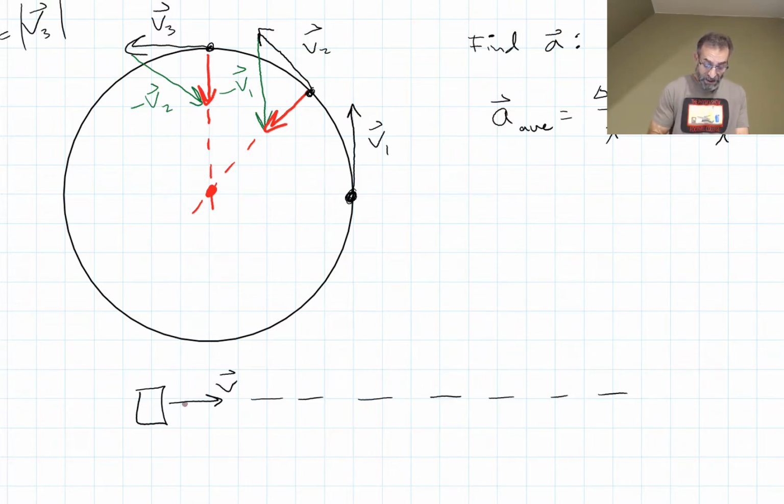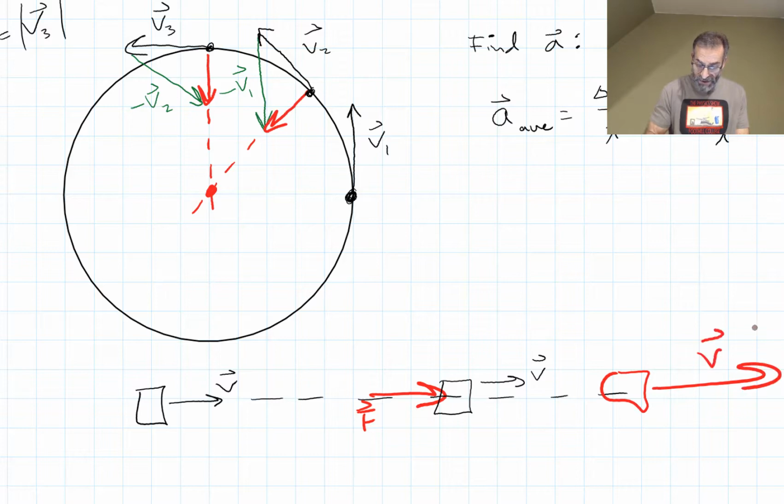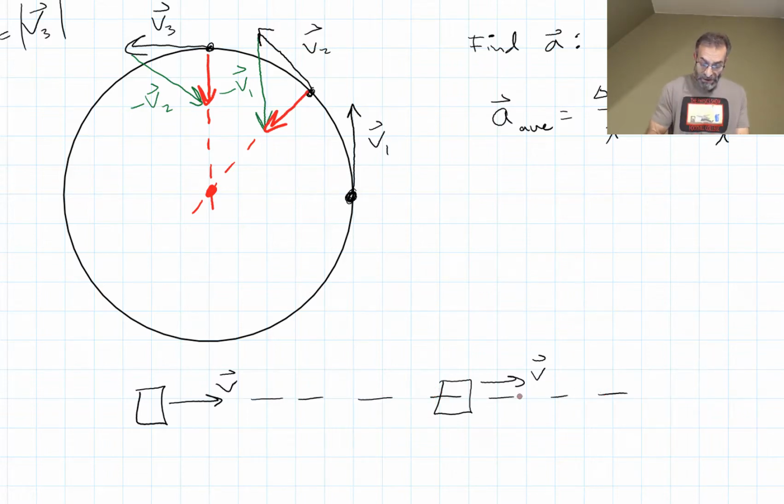So if my object is coming along here in this direction, and at some point it's here, and I give it a big push in this direction, what's going to happen? It's just going to move faster in that direction. If I give it a big push in this direction, it's going to slow down. But the direction is not going to change. Only the speed will change.